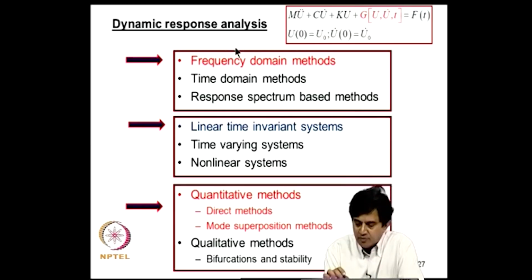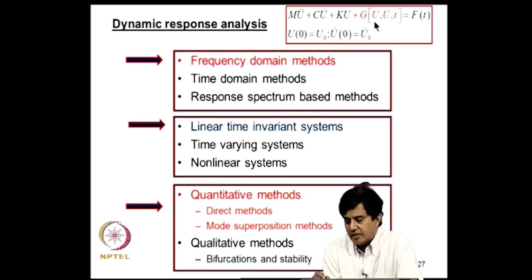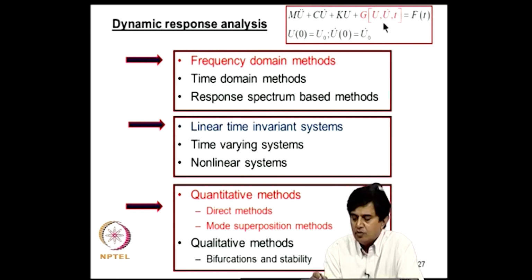At the end of finite element modeling, the equilibrium equation that we got was m u double dot plus c u dot plus k u is f of t, but if the problem were non-linear, which I have not really discussed, you can see that if you include non-linearity, there will be an additional vector g of u, u dot comma t. We will come to this later, how to model this, but right now for the sake of generality I have included this. So, there are initial conditions on displacement and velocity.